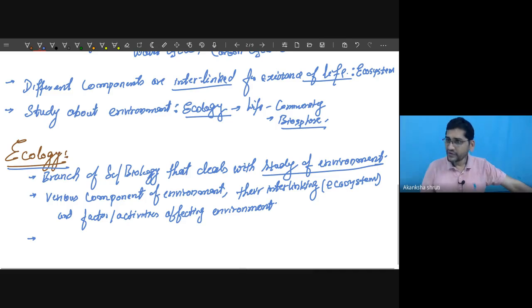Ecology doesn't involve a study about the cell or the tissue, digestive system, or other systems. They are part of biology. But once we have the organism, how this organism interacts with other organisms, and how these organisms interact with their environment, those studies are called ecology, or a study about the ecosystem.